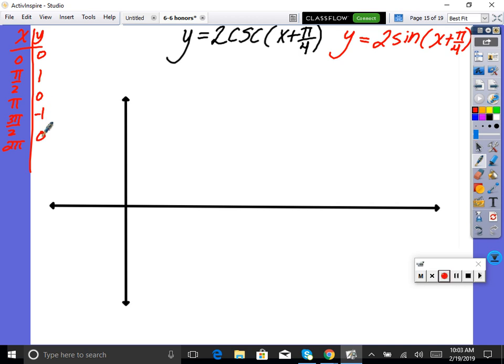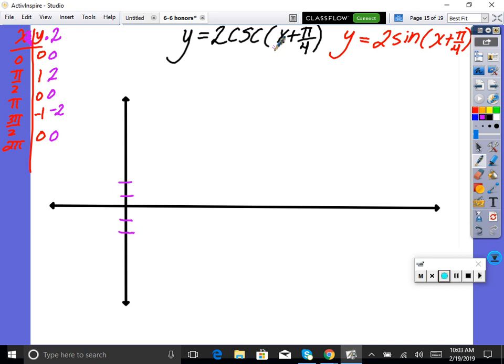We're timesing our y values by 2, so this will be 0, 2, 0, negative 2, 0. And then we are adding pi fourths, aren't we? Our period didn't change, so we can just shift right pi fourths.